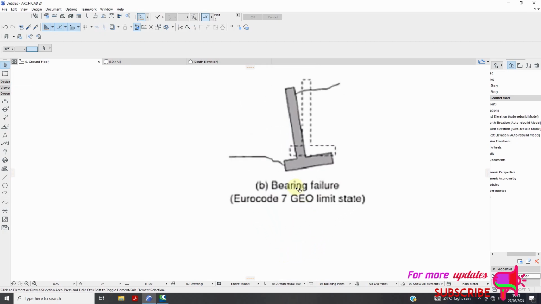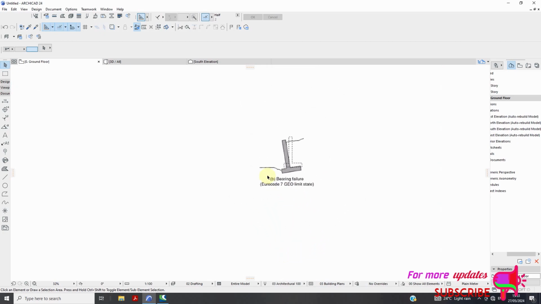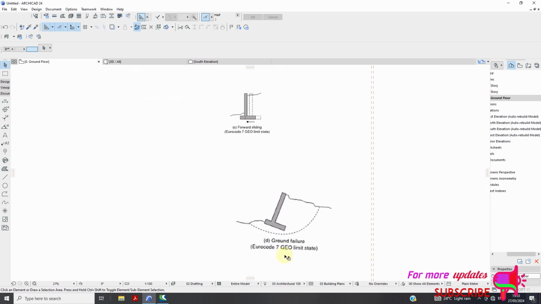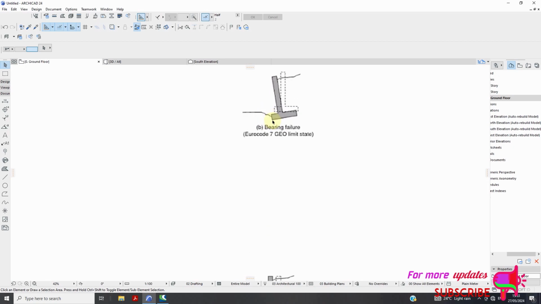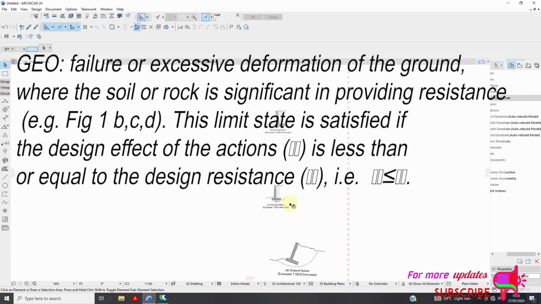There are these other 3 categories, that is ground failure, forward sliding, and bearing failure, which are considered as GEO limit states. So what is the GEO limit state?